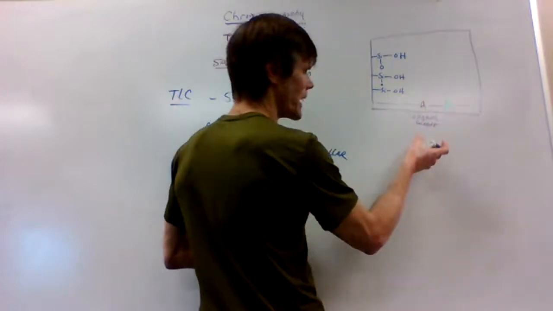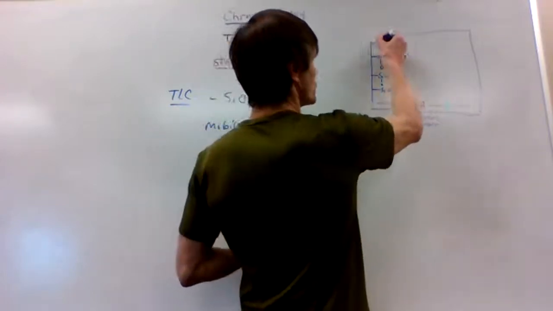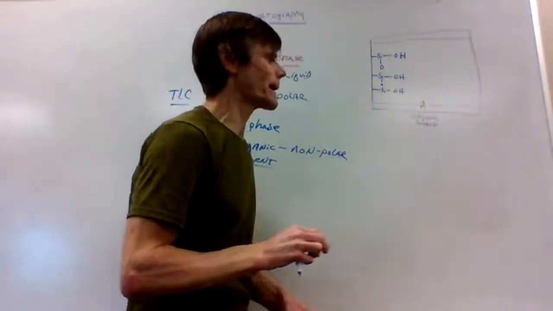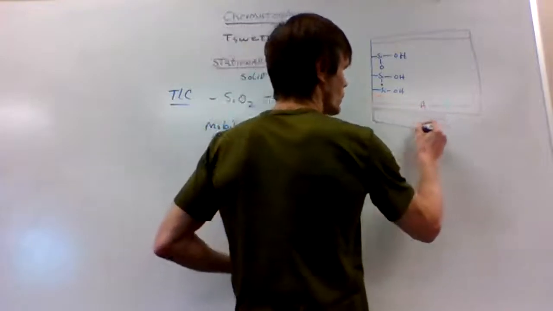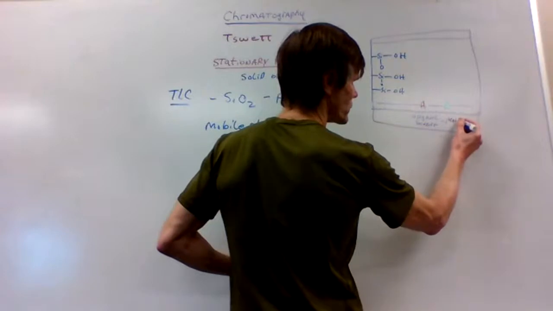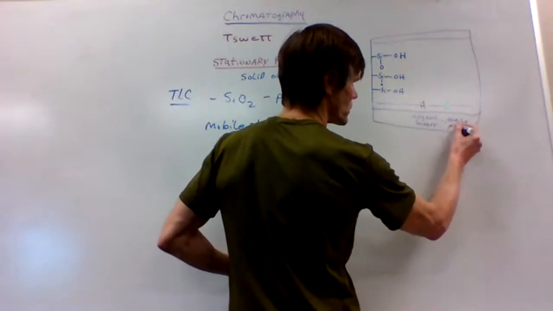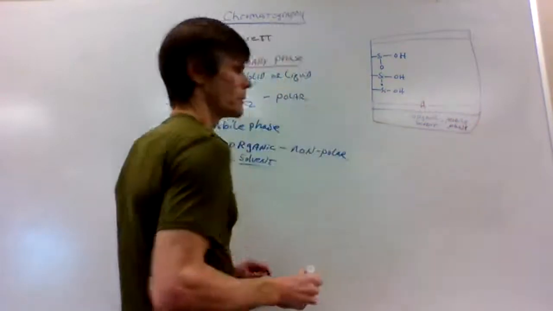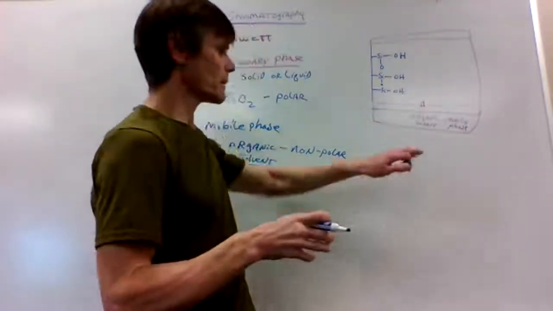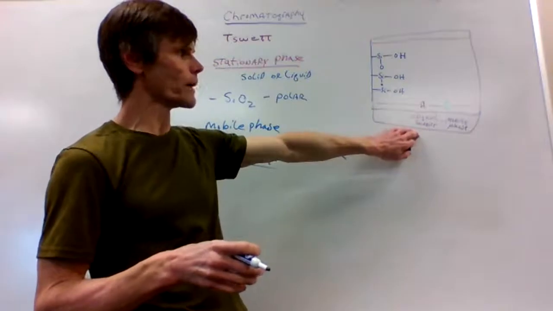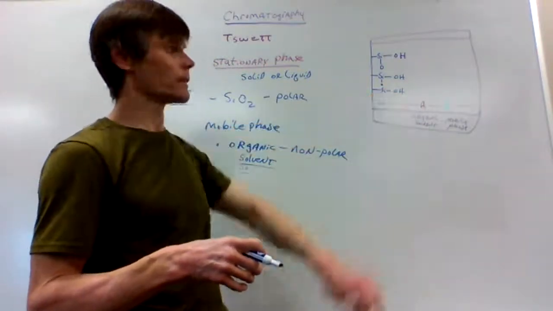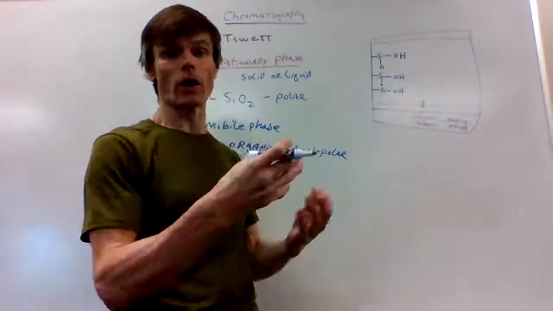And by capillary action, the organic solvent moves towards the top of the plate, and our two species will interact differently with our organic solvent, which is our mobile phase, as our species A and B will either want to spend more time in the non-polar mobile phase, or they'll interact strongly with the polar solid phase.